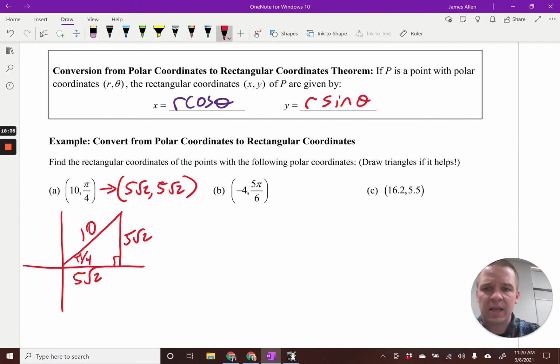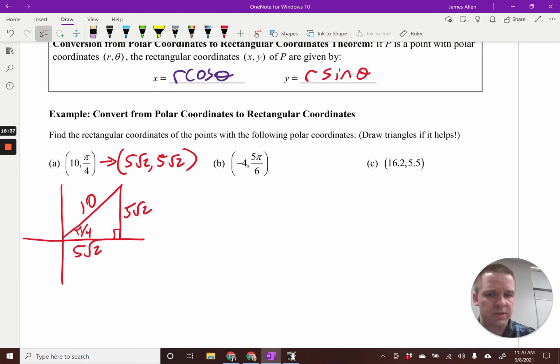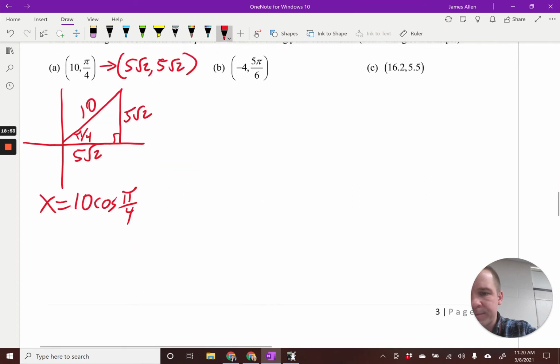Okay. Well, let's also look at it more formula-based, for those of us that like to set up formulas. x is equal to r, which is 10, cosine of pi over 4. Well, cosine of pi over 4 is root 2 over 2, isn't it?